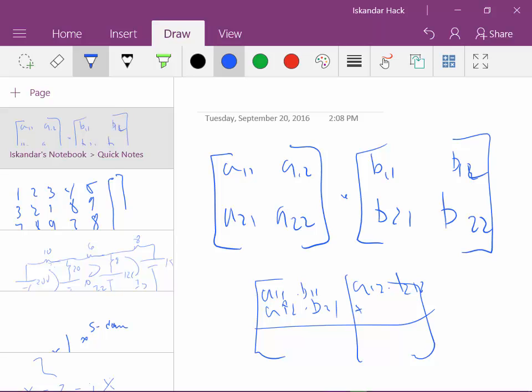Actually, no. This should be A12 plus, okay, now I know this class is about ready to come to an end, because this spot right here should be this row times this column right there.